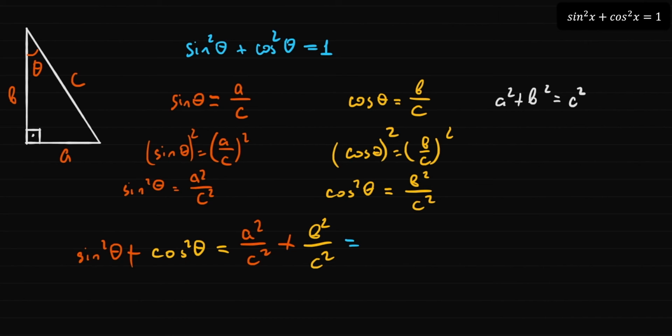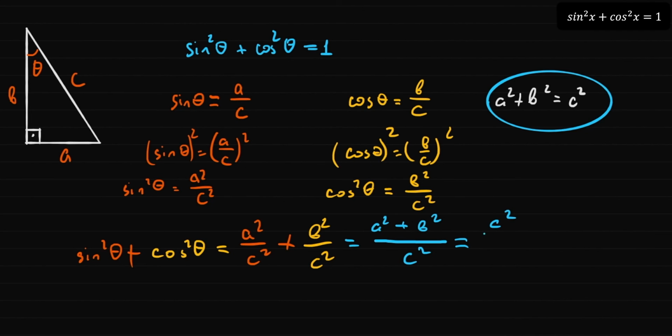And so we see that the denominators are the same, so it stays the same, c squared. Since the denominators are the same, we're just going to simply add the numerators. So we just say a squared plus b squared. And from here, from the Pythagorean theorem, we know that a squared plus b squared is c squared.